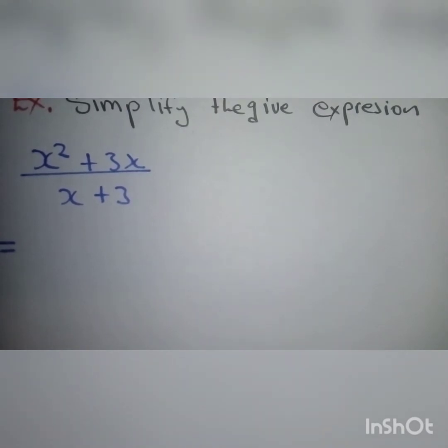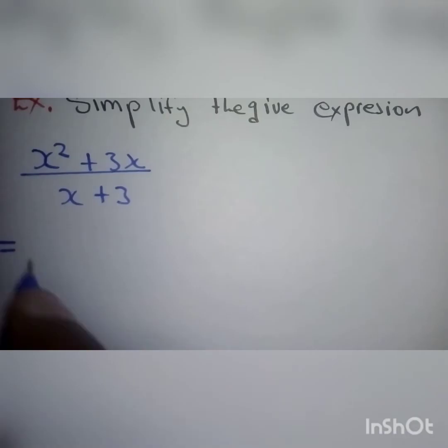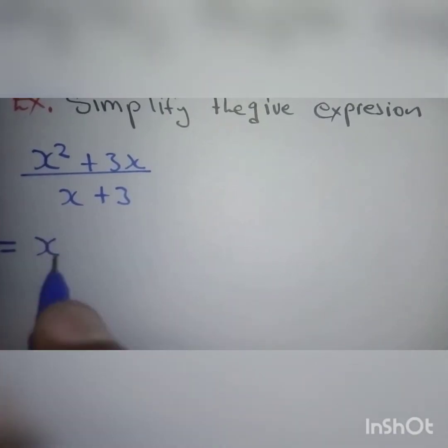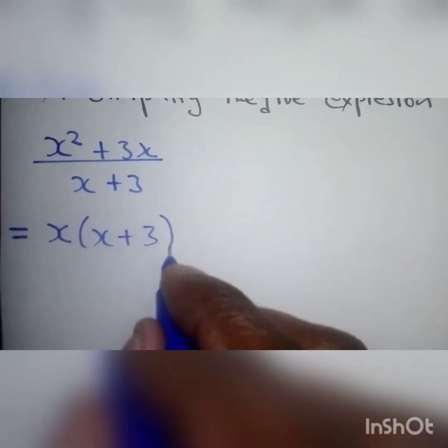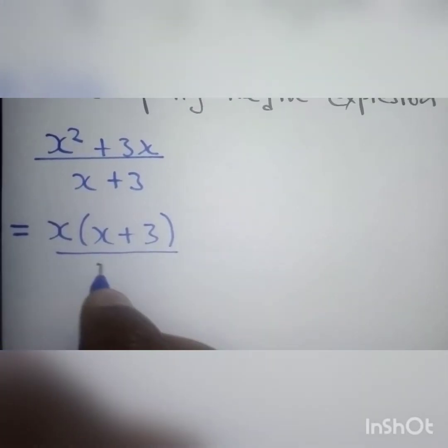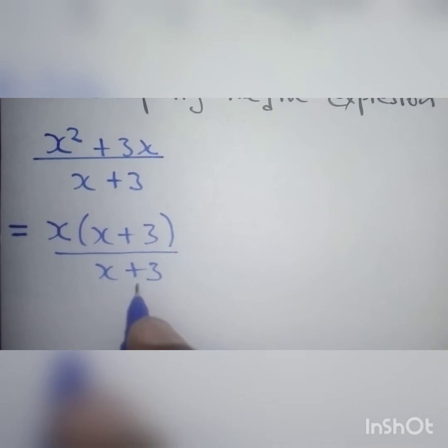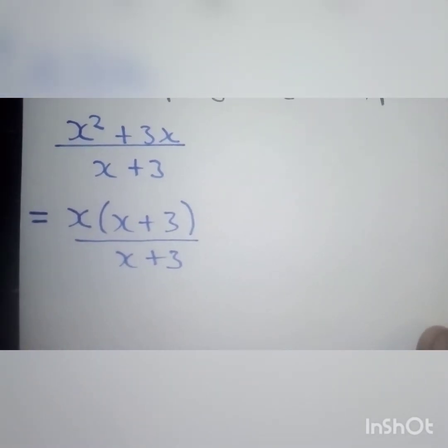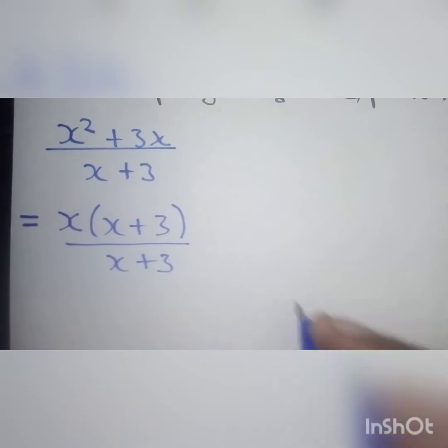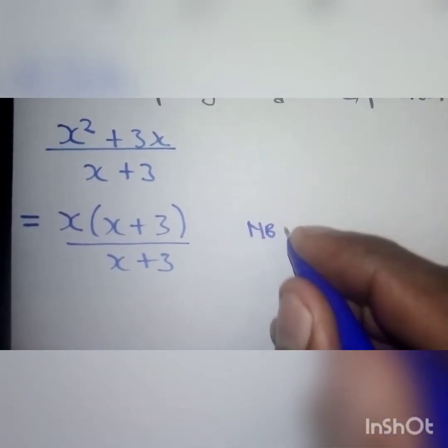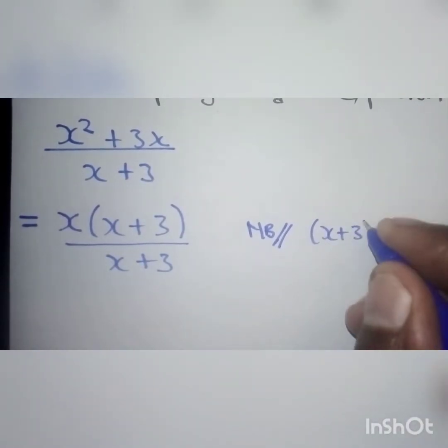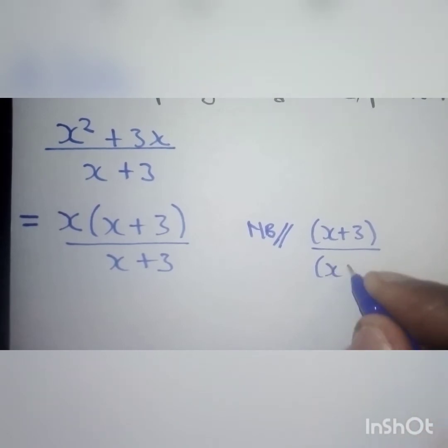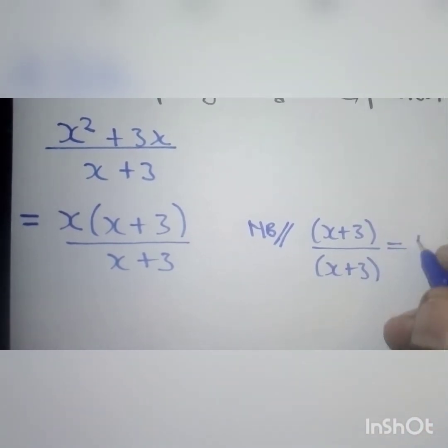So let us factorize the numerator. What is the common factor in the numerator? We factor out x. x is the common factor. So we are left with x plus 3, divided by x plus 3. So now we know that x plus 3 divided by x plus 3 is equals to 1.